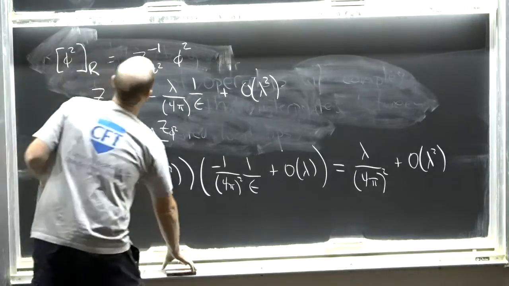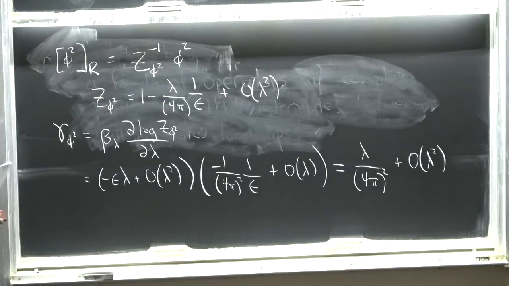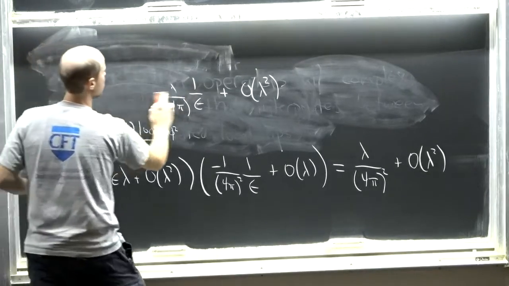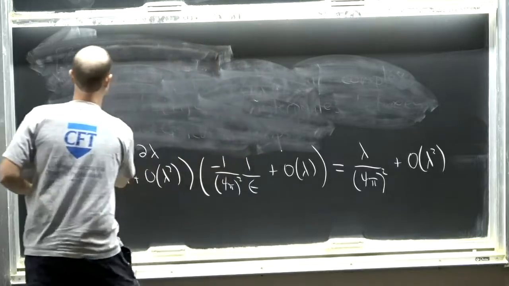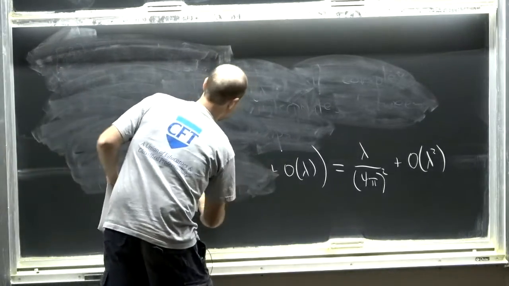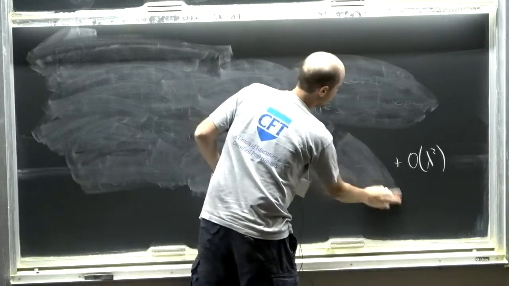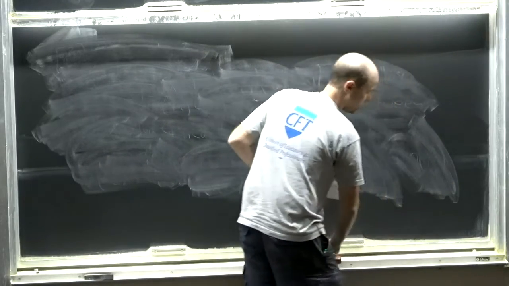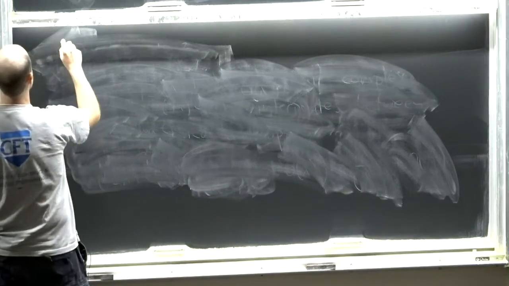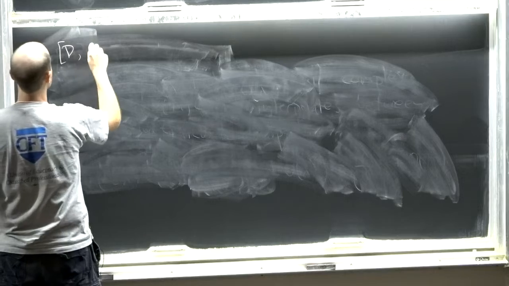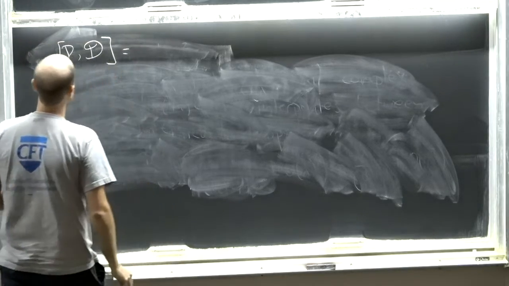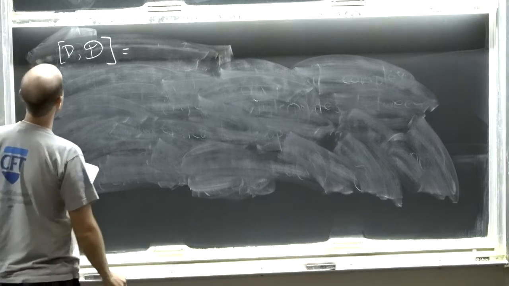In a CFT, we can also ask what the scaling dimension of a detector is. And that's just its eigenvalue when we act with the dilatation operator. And then the last thing that we can do without loss of generality is impose that a detector transform in an irreducible representation of the Lorentz group. So it's going to have some scaling dimension.